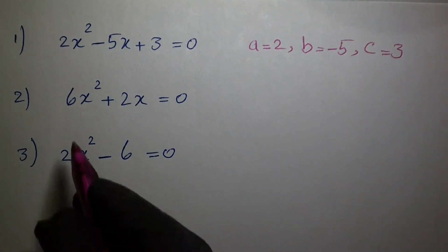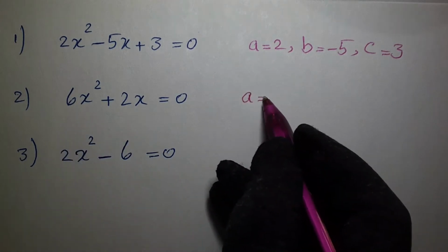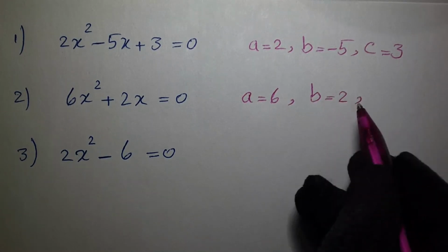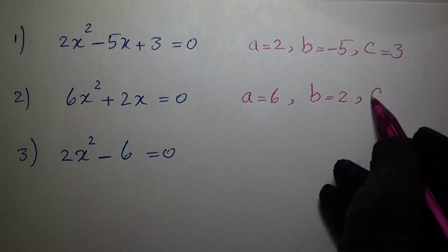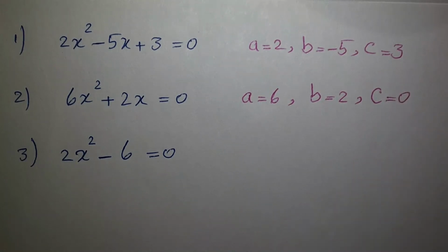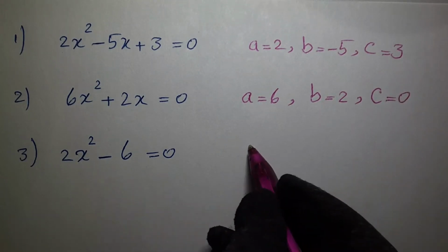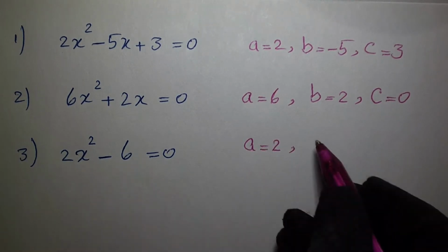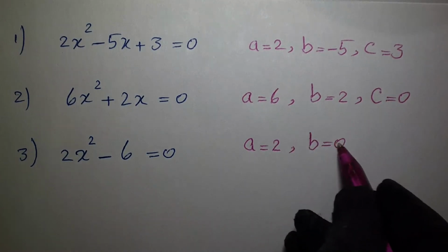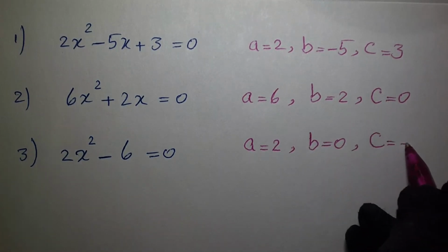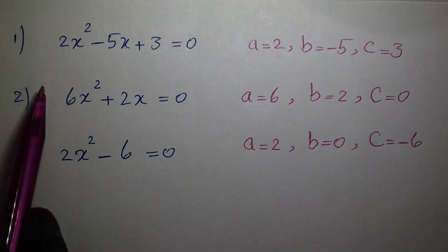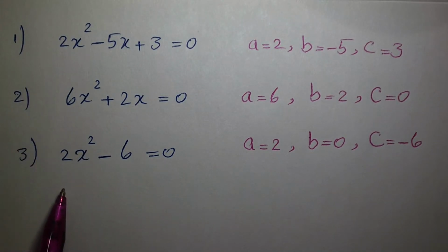In the second equation, a, the coefficient of x squared, is 6, b, the coefficient of x, is 2, but there is no constant, that means c equals 0. In the last one, a, the coefficient of x squared, is 2, but there is no x, that means b equals 0, and c, the constant, is -6. Please note that we can solve these equations using different methods.